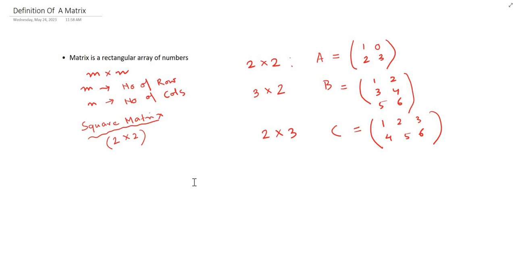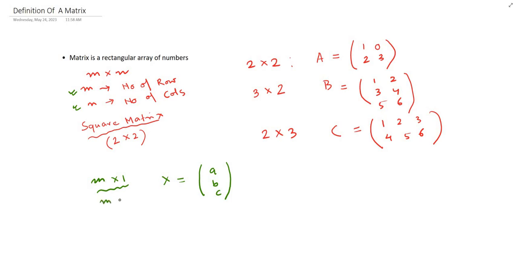Now, one interesting thing is when any of these dimensions, m or n, is 1, what does it mean? If it is m by 1, then it will look something like this: A, B, C, because now we have m rows.